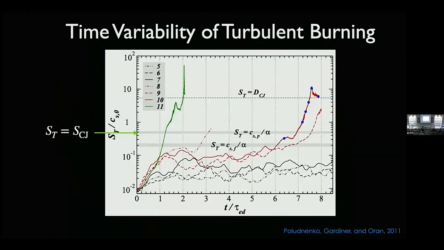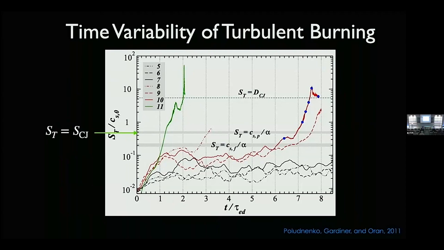When you look at the time variability of the burning rate that is shown in that simulation and other simulations that Alexei did in that paper, on the vertical axis here is the turbulent flame speed normalized to the fuel sound speed, and on the horizontal axis, time scaled to the eddy turnover time. And what you can see here is that in several cases, the Chapman-Jouguet deflagration speed, that is S_CJ, is exceeded.